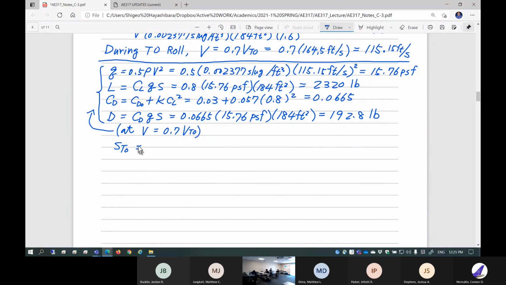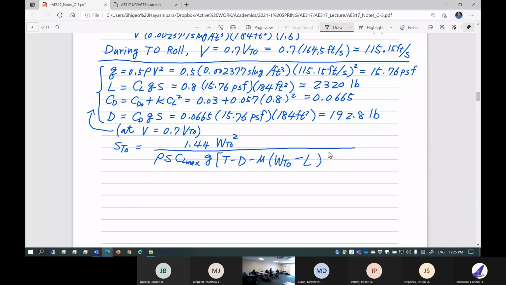STO is 1.44 times weight of takeoff squared over g rho S CL max. G is gravity. Bracket thrust minus drag minus rolling resistance coefficient times W takeoff minus lift, bracket evaluated at 0.7 VTO.